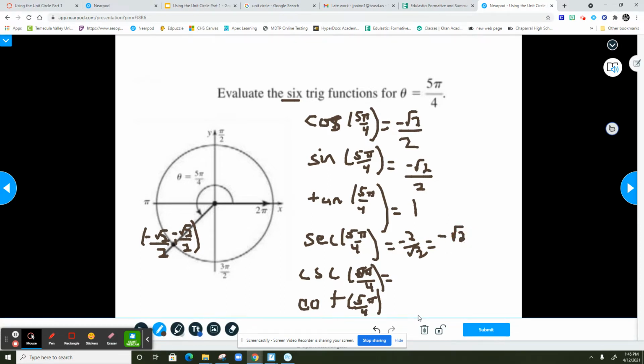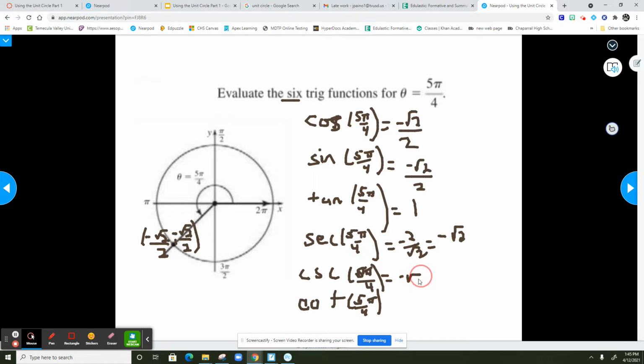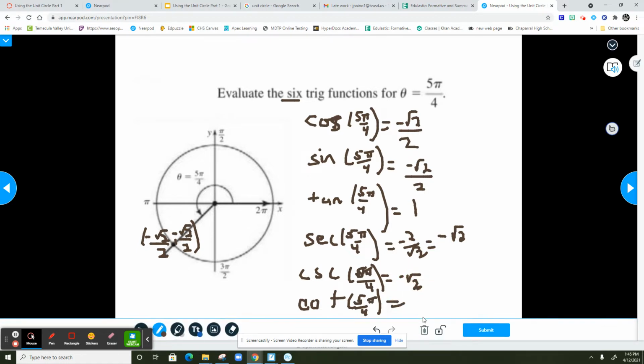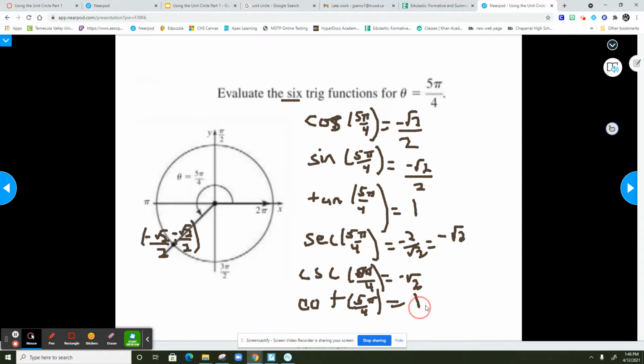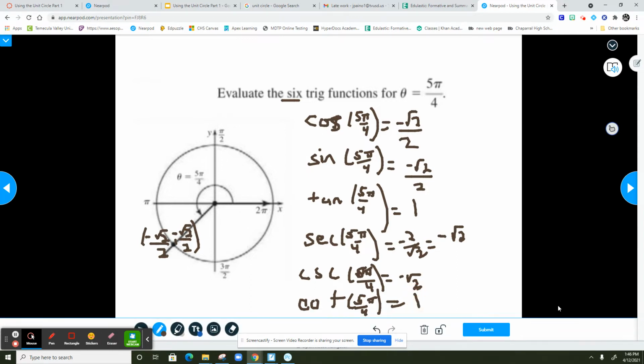All right, cosecant must be the same thing. And then cotangent is the reciprocal of 1, so that's just 1. All right, so there you go. Again, all I did was take my answer from above and flip it, and then rationalize it. So you multiply the top and bottom by rad 2. You're going to end up with negative 2 rad 2 over 2, and then the 2's cancel out to give you negative rad 2.